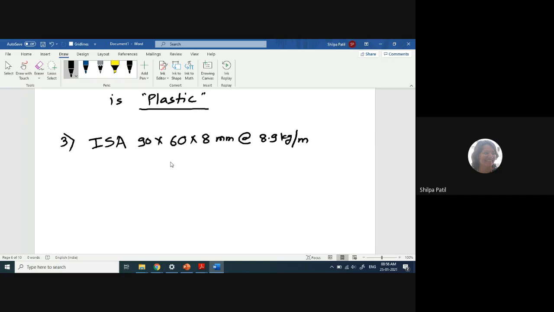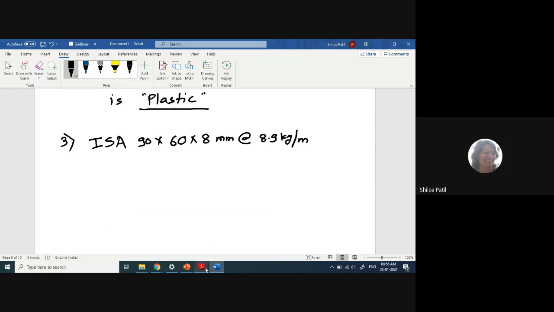So even though the depth of the section is the same, the weights are different. This is especially applicable for I sections and channel sections. So when you write down an I or channel section, don't forget to write down its weight. For angle sections, such a problem is not there. If you refer to the steel table, you will get all this information there.